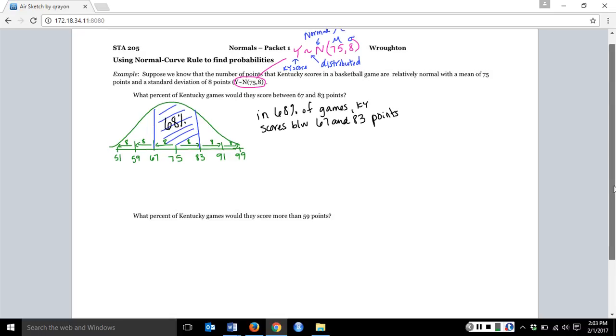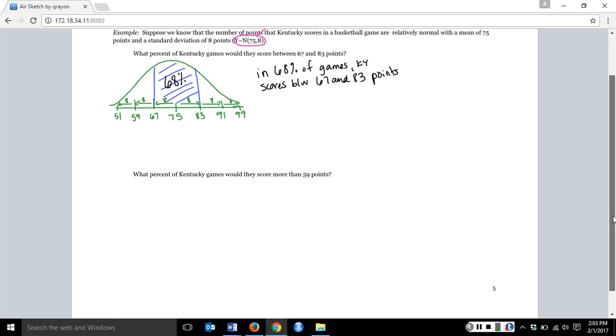All right, a little bit harder. We want to find what percent of Kentucky games would they score more than 59 points. So I'm still working with the same mean and the same standard deviation as above, so all my numbers on here are going to be exactly the same.